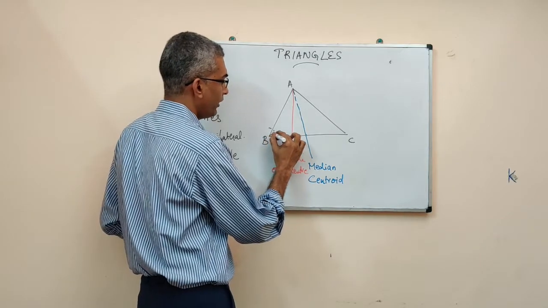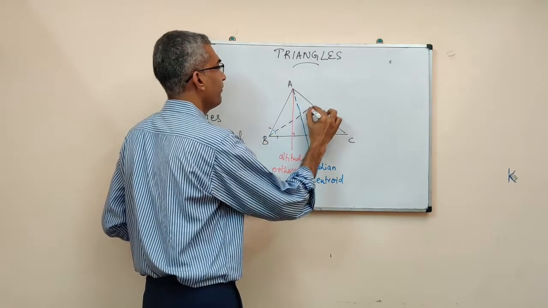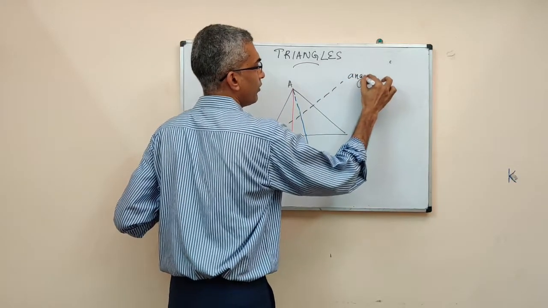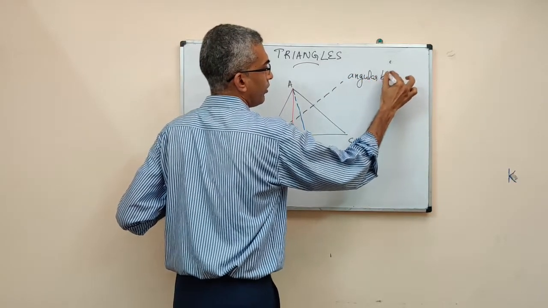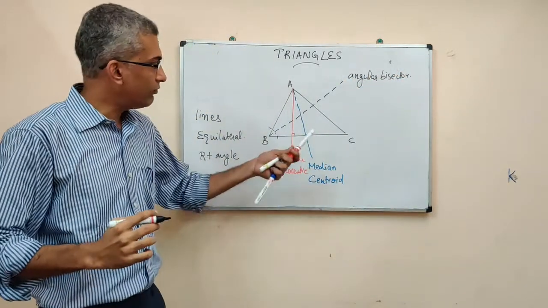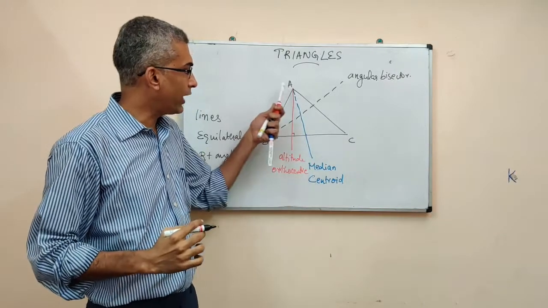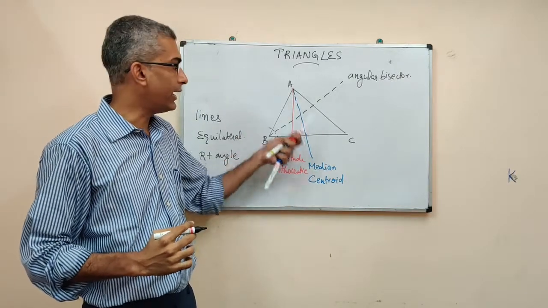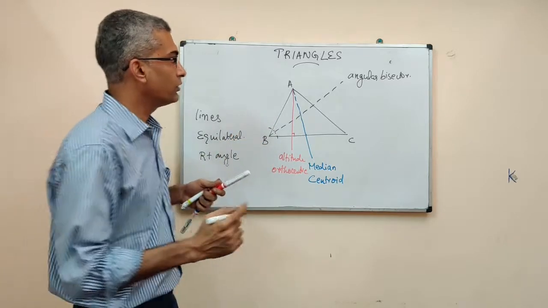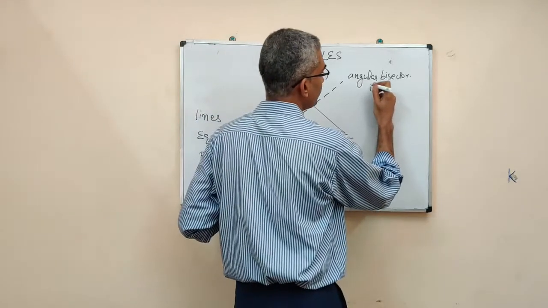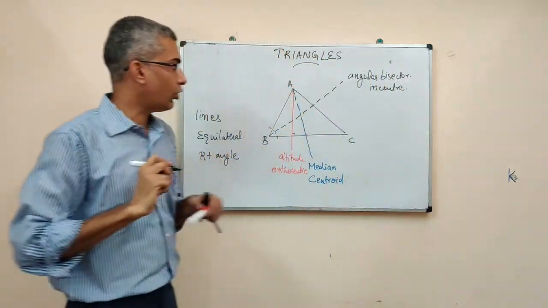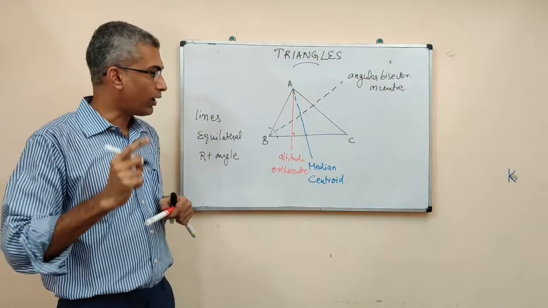If I draw an angular bisector here, this is the angular bisector. We'll have three angular bisectors. If I draw an angular bisector to angle A and angle C, they will go through a common point. That common point is called the incentre of this triangle.